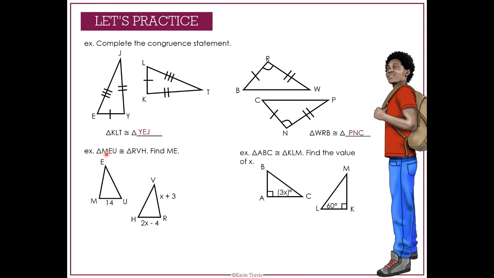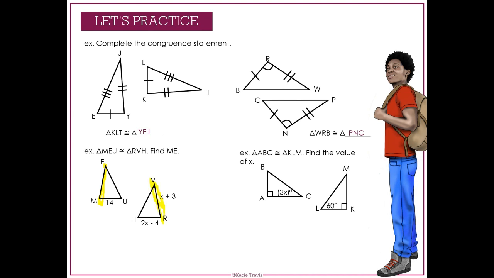And if I look at their name, ME matches up with RV. So, ME and RV, I'm going to go through and highlight those the same color. So, ME is this side right here that I've highlighted in yellow. And RV is this side also here that I've highlighted in yellow.